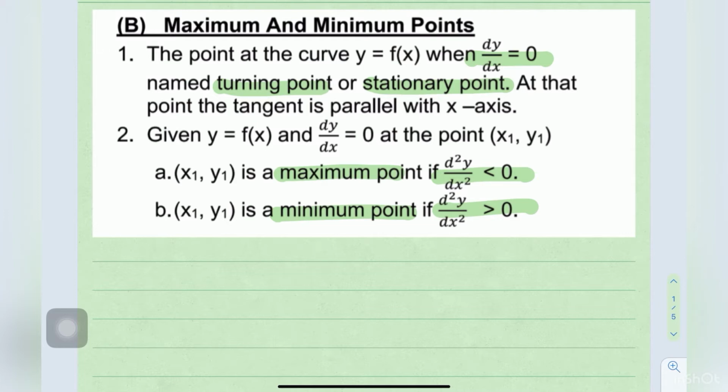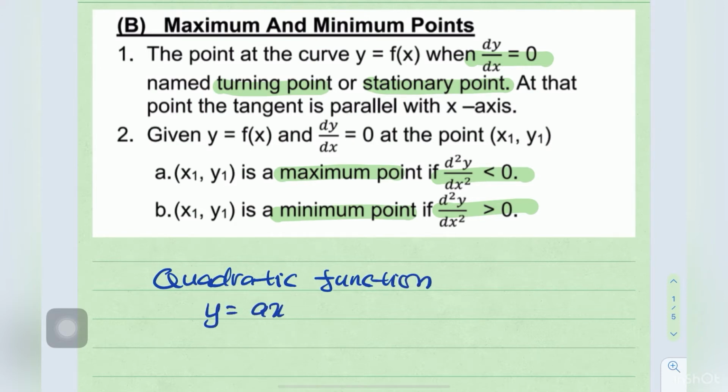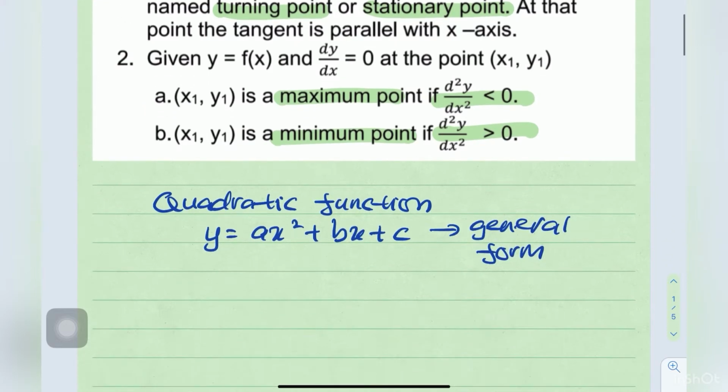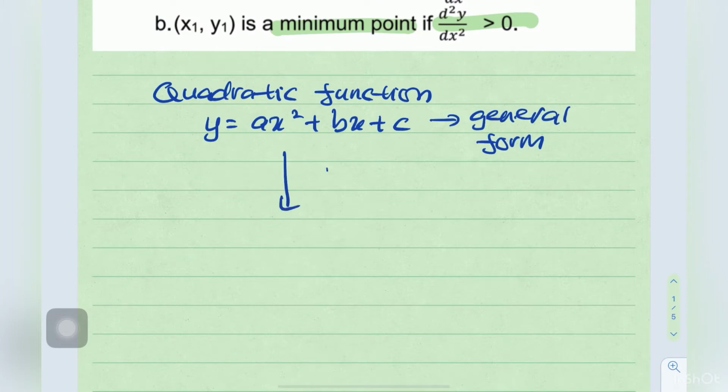Actually, in a quadratic function, we have y equals ax squared plus bx plus c. This one is the general form. Then we use the completing the square method to convert it into y equals a(x minus p) squared plus q.